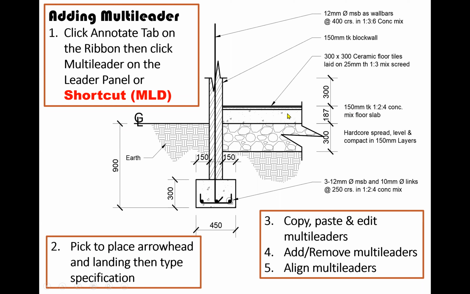Matter of fact, I'm just going to copy and paste this time around, and then I will modify the text to say 150 millimeter thick, 1:2:4 concrete mix floor slab. I'm going to copy an existing one up here and paste it down there and here. Then we just double click to edit, and afterwards we will remove the leader just to show you how you would do something like that. All right, so let's go back to AutoCAD.